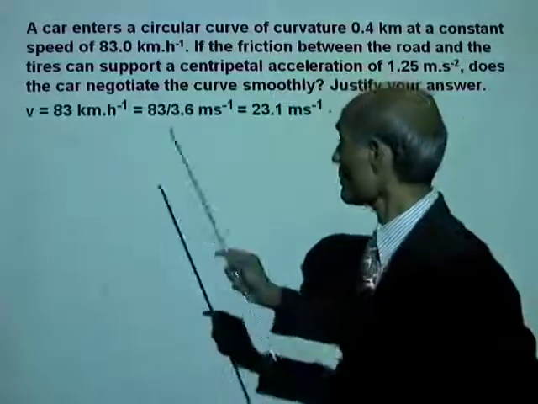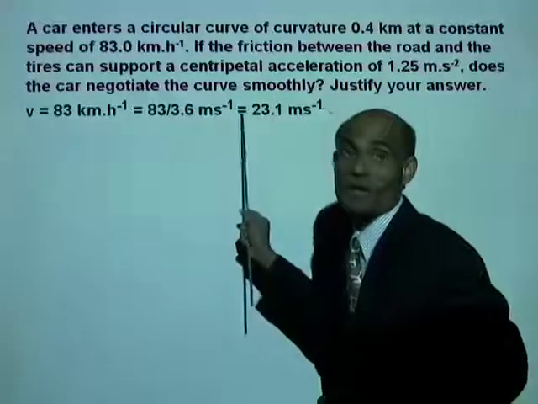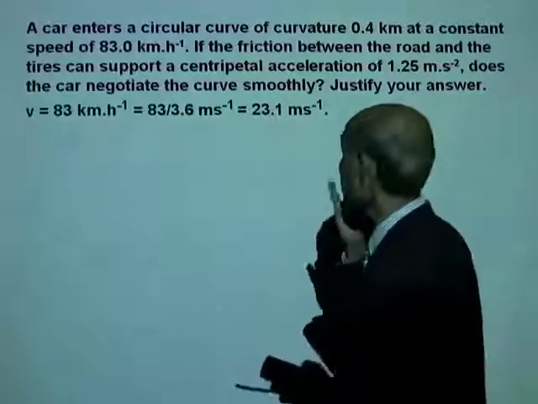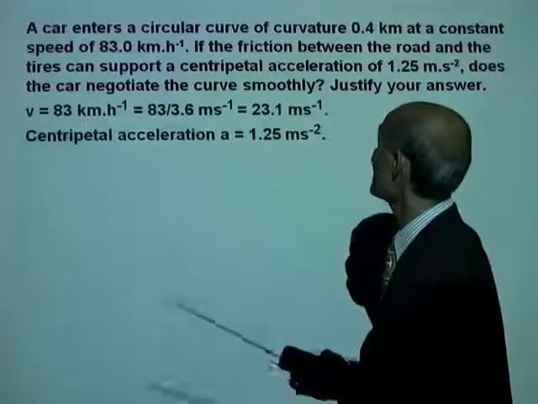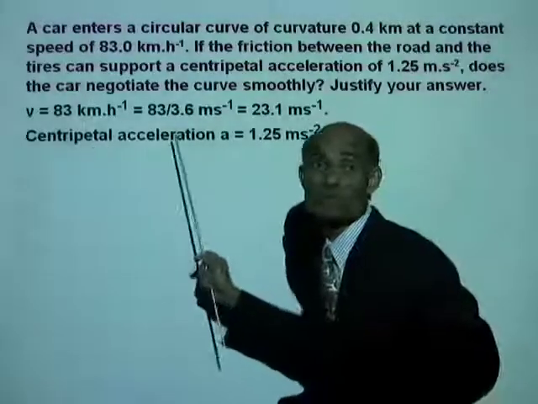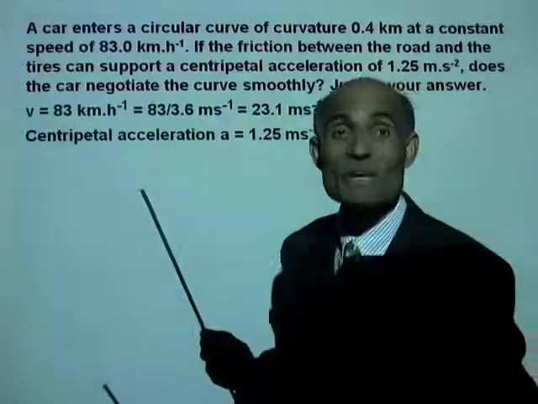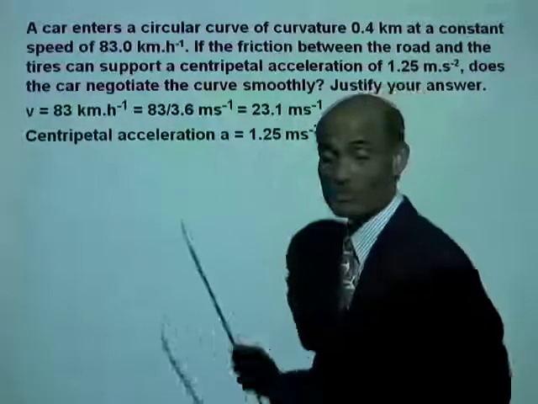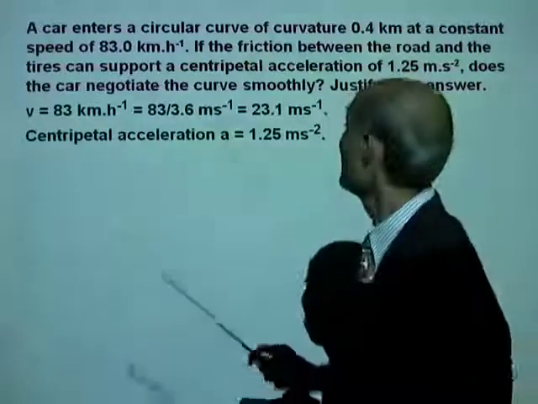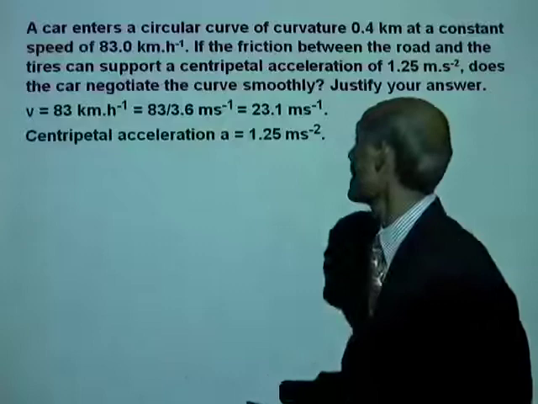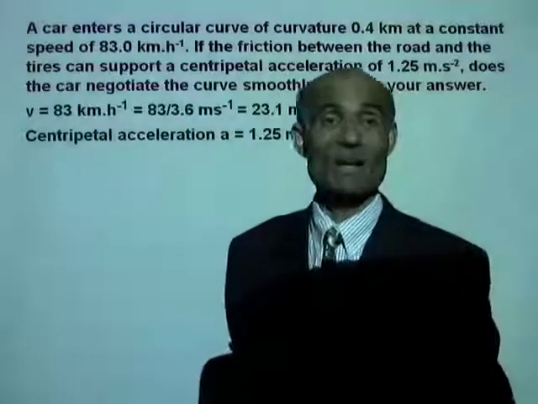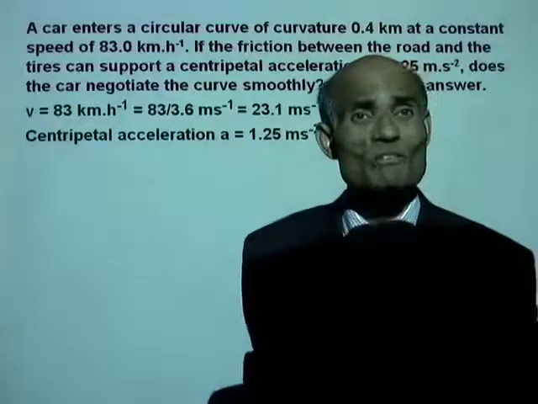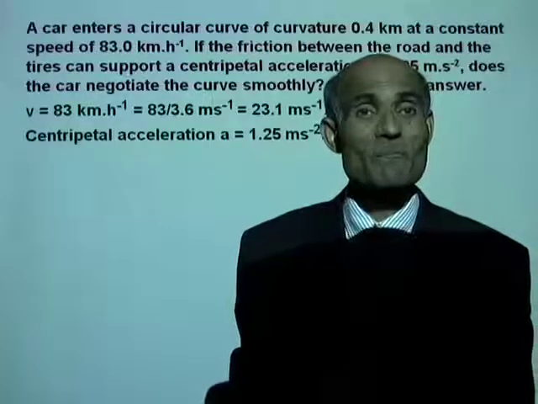Alright. Well, this is the speed of the car. That is 23.1 meter per second. And the centripetal acceleration that will be allowed by the force of friction. This is the safest centripetal acceleration. That is 1.25 meter per second squared. What is the equation for the centripetal acceleration?